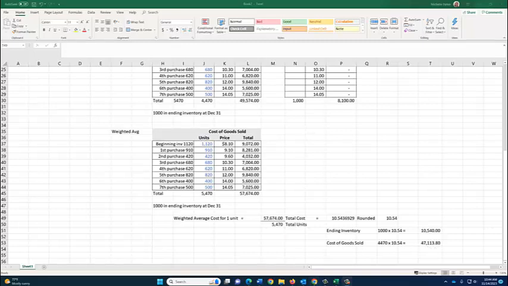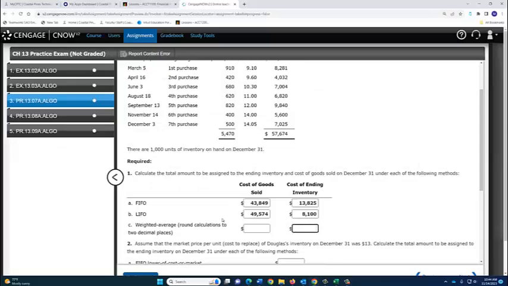$10.54 per unit price, then we will get $47,113.80. Now we're going to follow the instructions here, and it says round calculations to 2 decimal places. So we got $10,540 for the cost of ending inventory, and then we got $47,113.80 for our weighted average total.